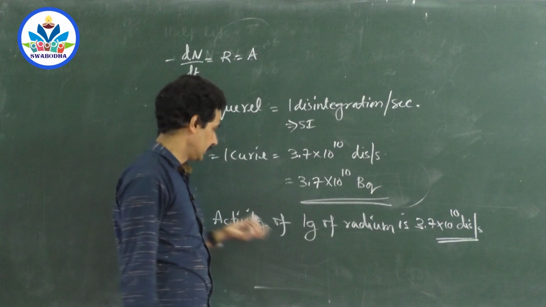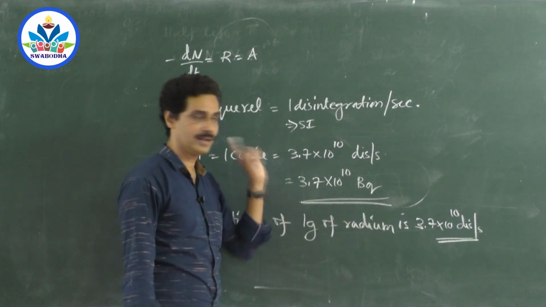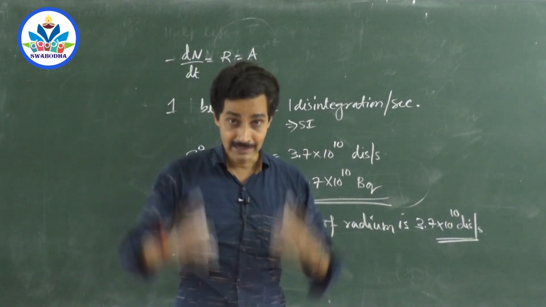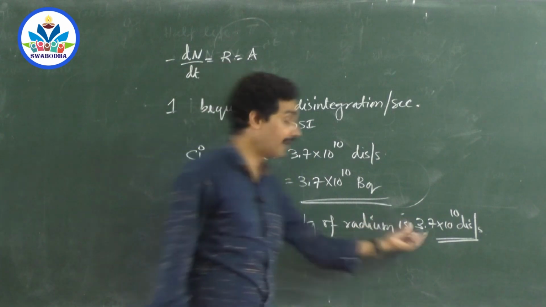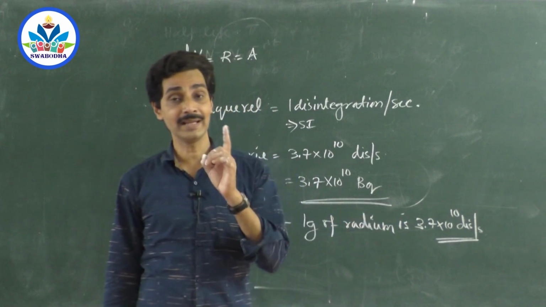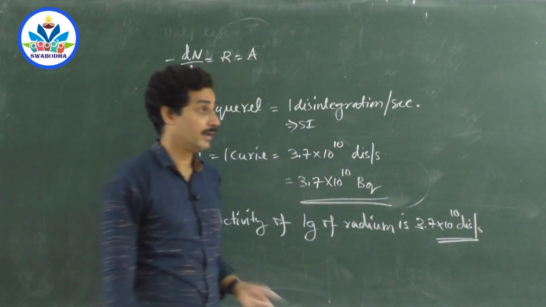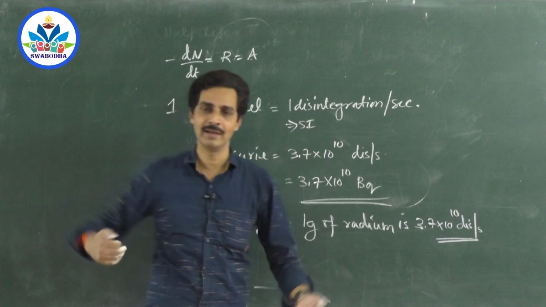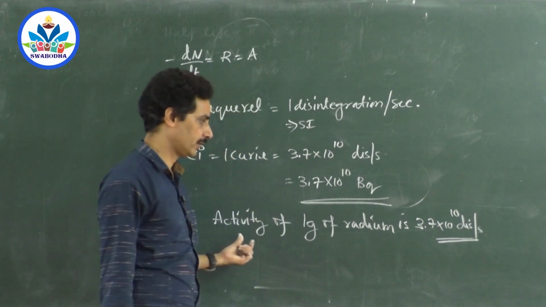If you take 1 gram of radium at this moment, 3.7 into 10 to the power 10 atoms will disintegrate in 1 second. You see the speed. They get converted into some other element and lose the parental characteristics. So that is the activity of 1 gram of radium.